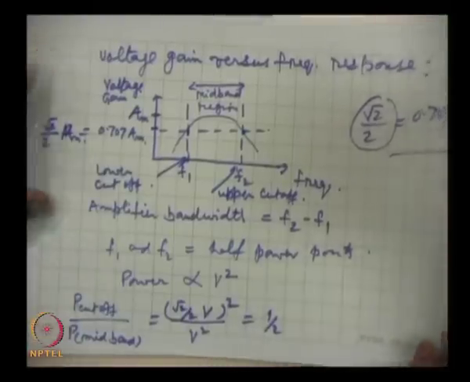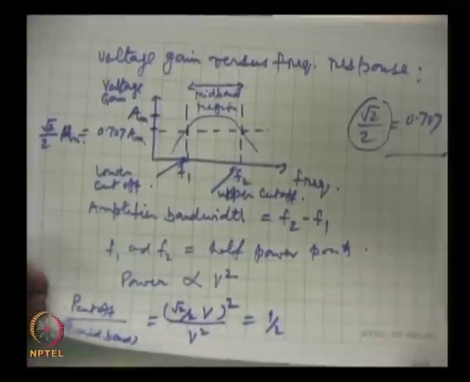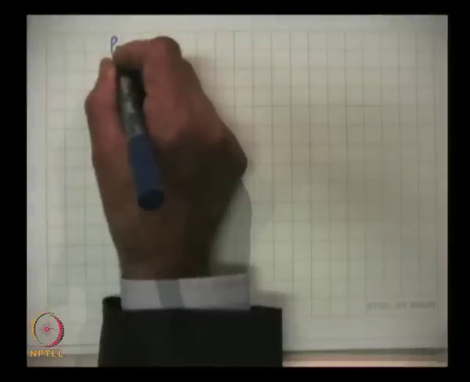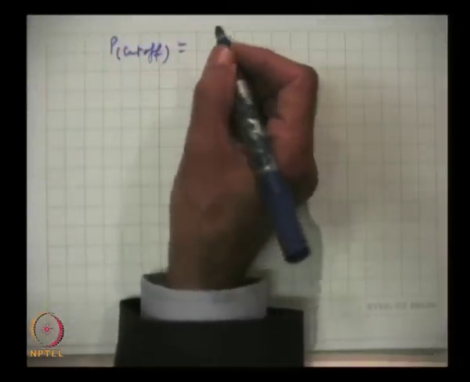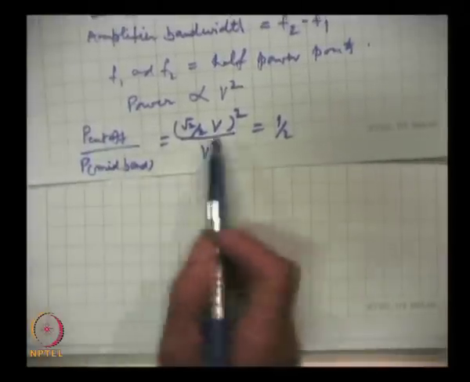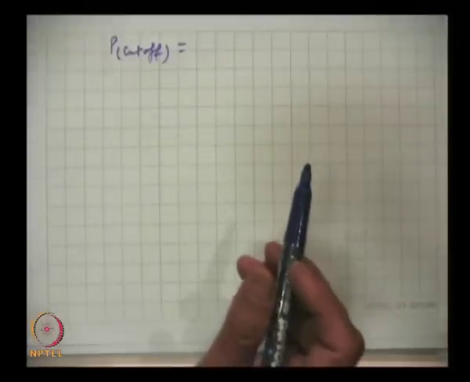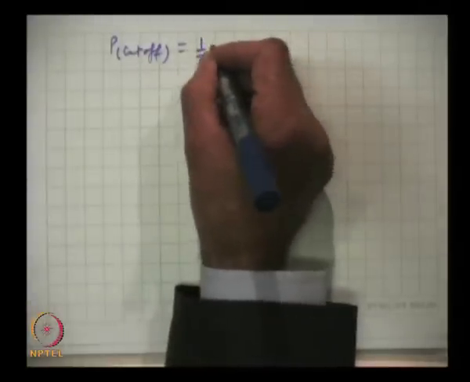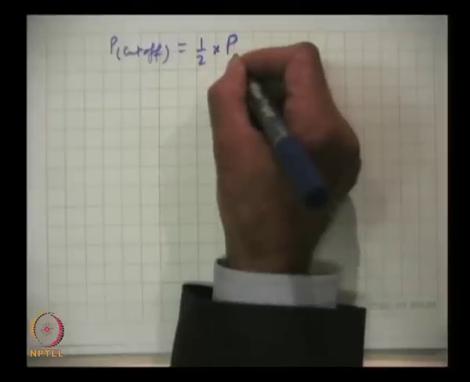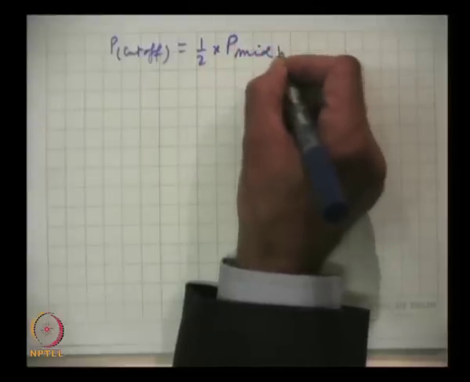Therefore, from here we obviously see that power at cutoff, P cutoff, from this equation, this ratio is half. So, power at cutoff is half of power at midband.